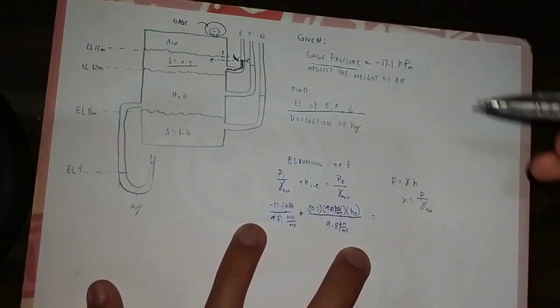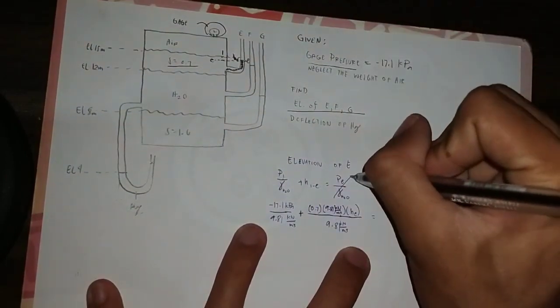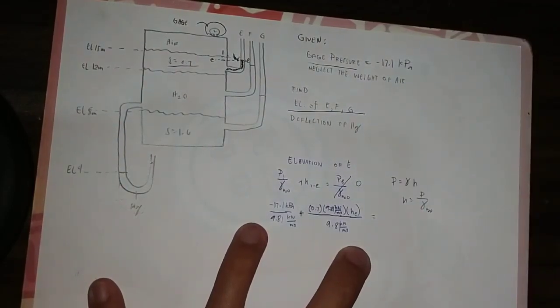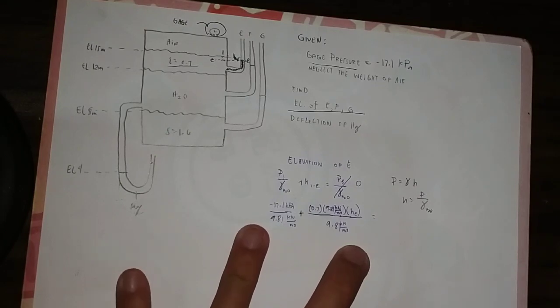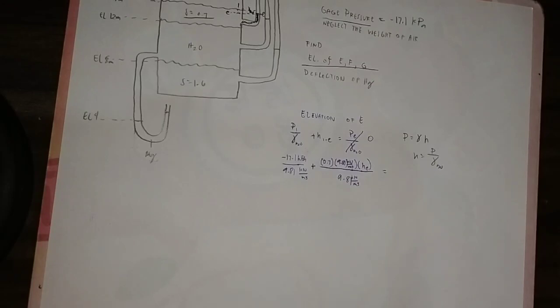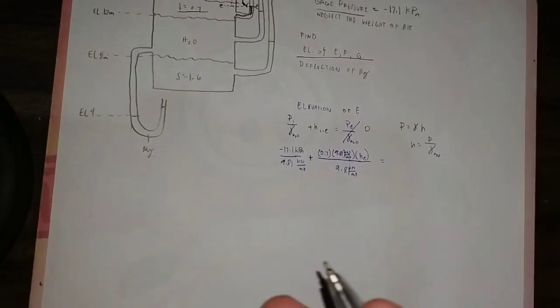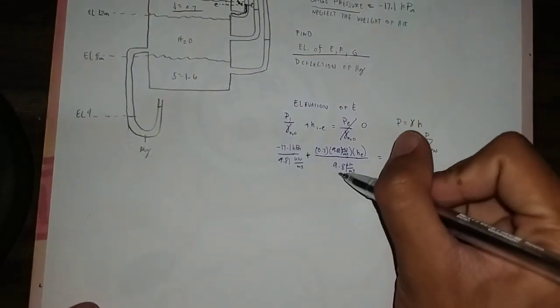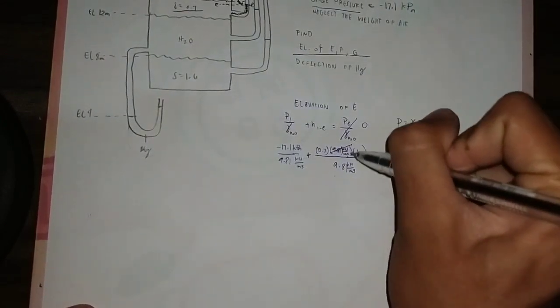As you can see, it is a free surface. If there is a free surface, automatically the gauge pressure there is 0. The pressure there is just 101.325, or one atmospheric pressure. Since we are dealing here with gauge pressure, it's just 0. As you can see, 9.81 can be cancelled out.